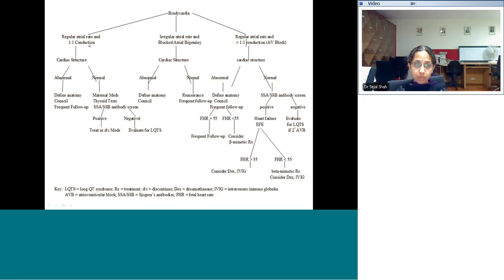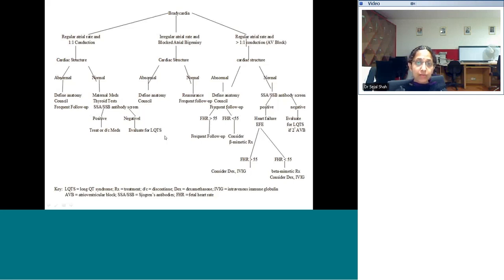The first one, we look at the structure of the heart. If it is normal, we make sure that the mother's medication list does not include anything which can cause sinus brady. The mother's thyroid levels are okay, Ro/La antibodies are okay, and then if everything is negative, we could consider a long QT, but nothing to be done during pregnancy and evaluating for long QT after birth.